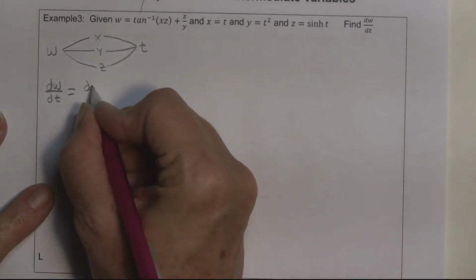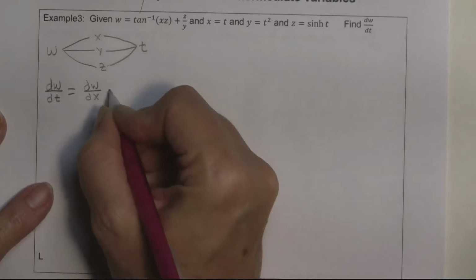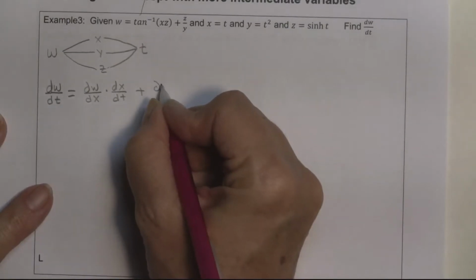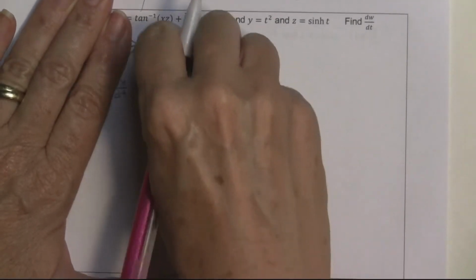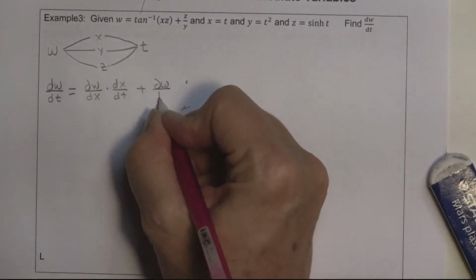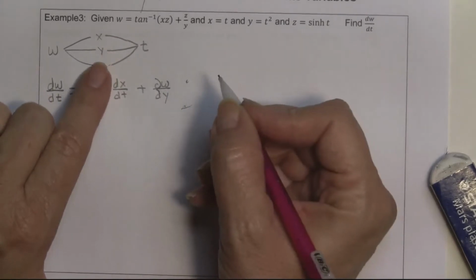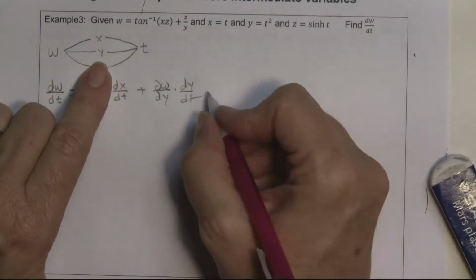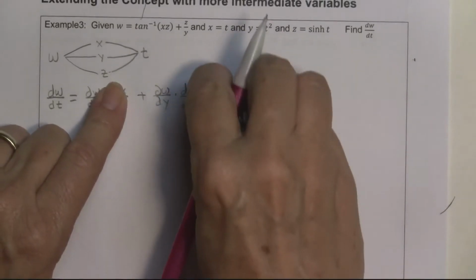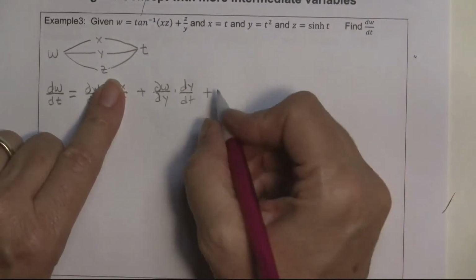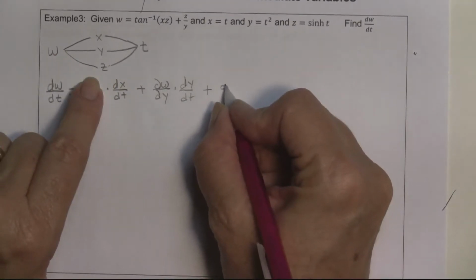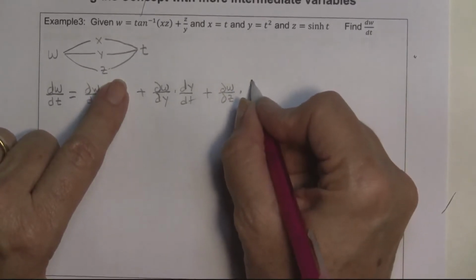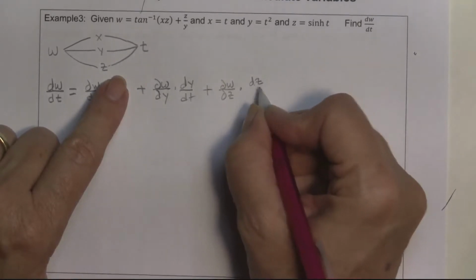So this is going to be the partial with respect to x, and this is dx/dt, and the partial, it's w, not z, sorry, with respect to y, and dy/dt, and plus the partial with respect to z times dz/dt.